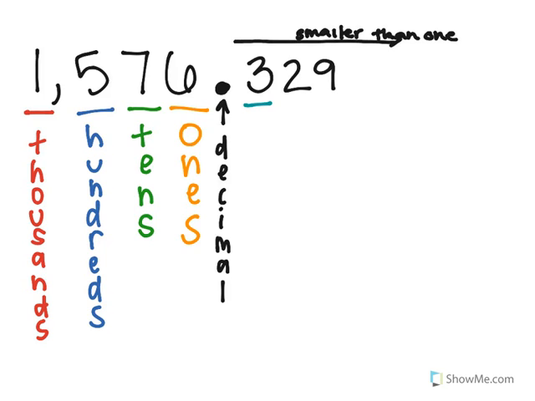This 3 is in the tenths place. We skip, there's nothing called ones place, because if I had 1 as my denominator, that would be 1 whole. So we don't use ones. We skip to tenths. Then the next one would be hundredths.